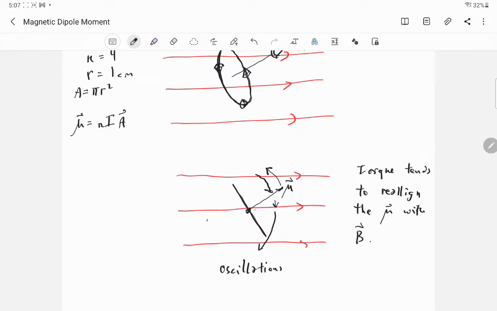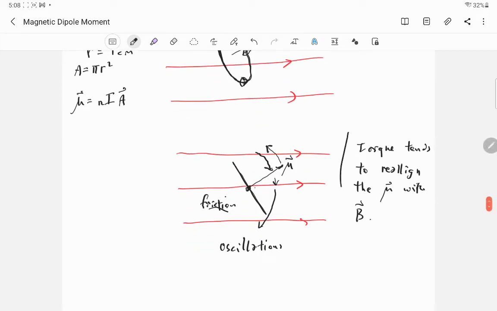If your pivot point has friction, then the oscillations are slowly going to die away as energy is converted to heat through friction at the pivot, right? But the point is the torque by the background magnetic field tends to realign mu with the magnetic field. It tries to point it in the same direction.